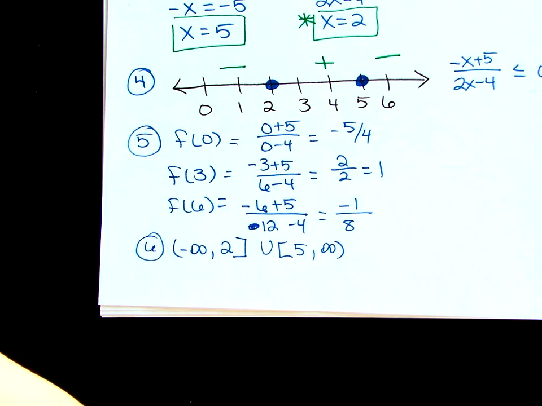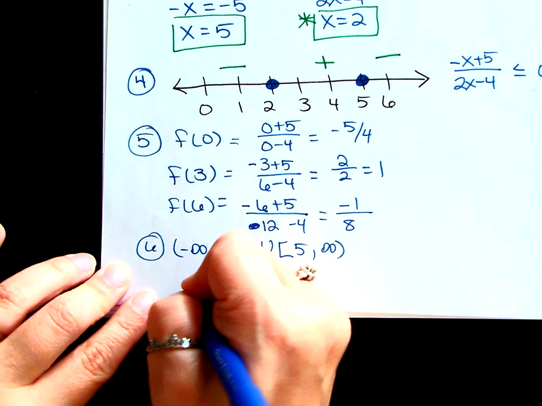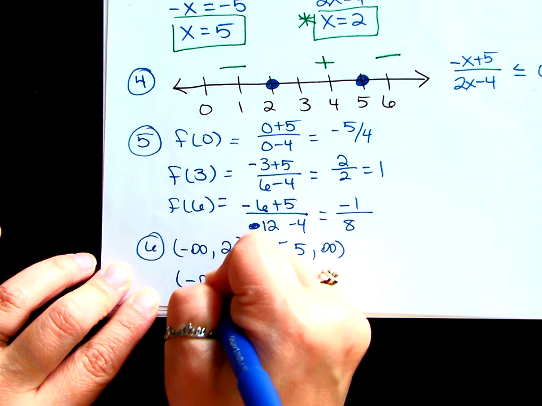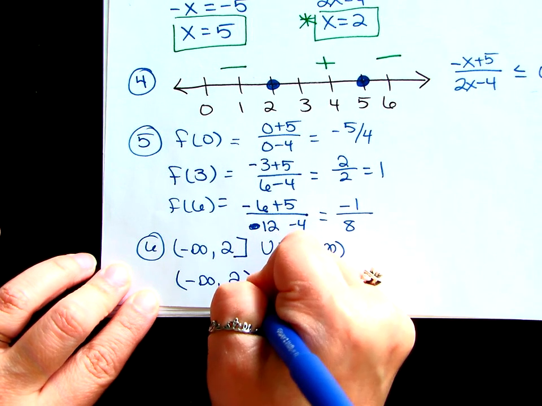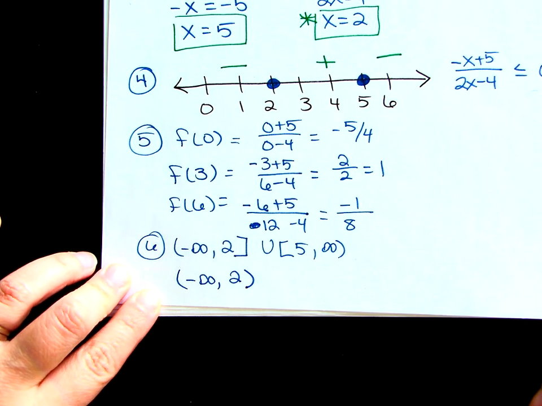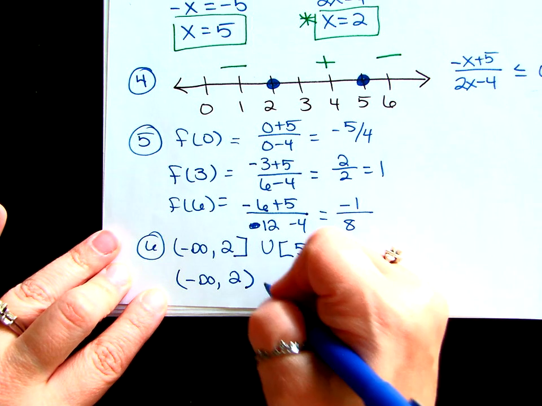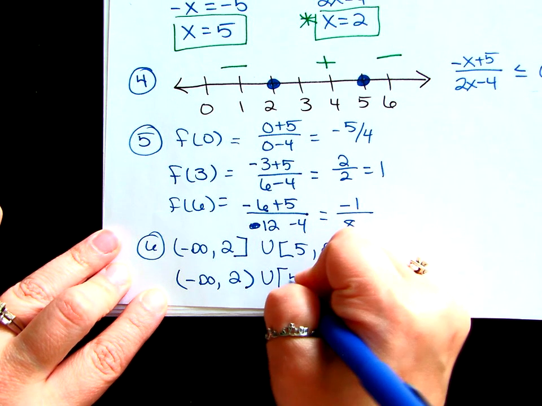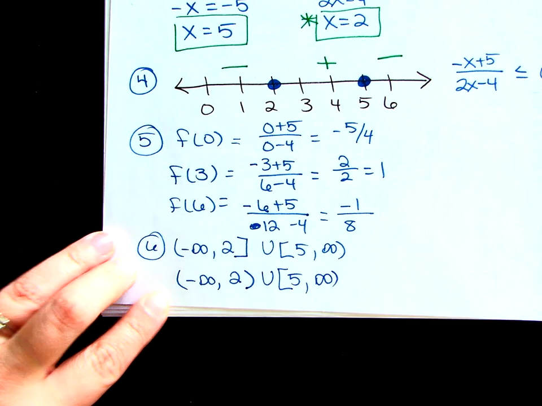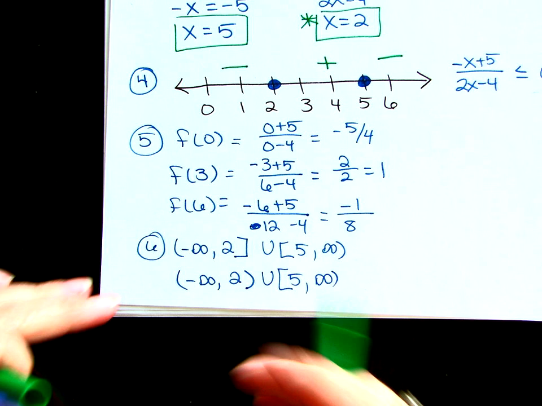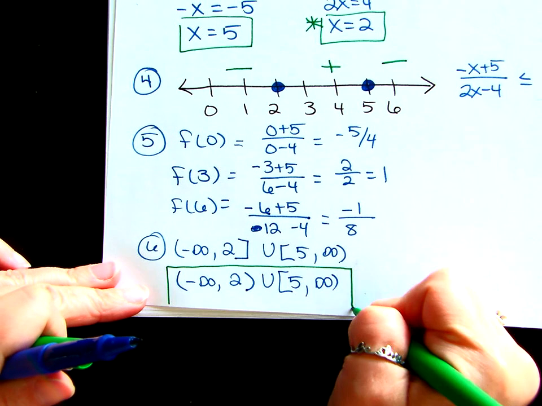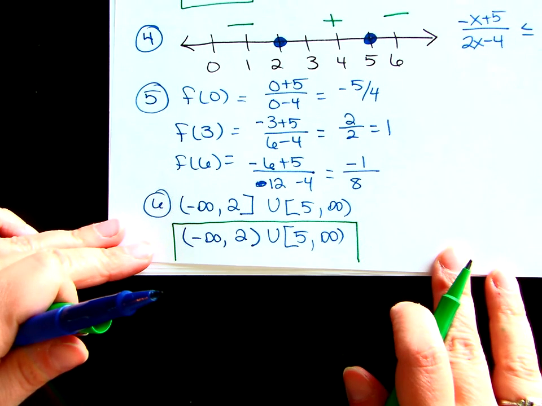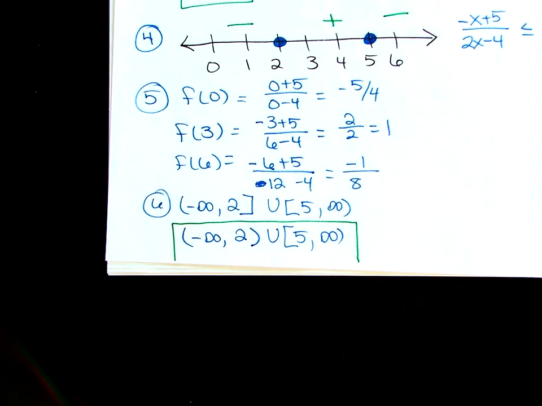Because if we include 2, then we get 0 in the denominator and it causes a problem. So our actual solution interval will go from negative infinity to 2, but we're not going to include it. Because if we include it, we have a problem. Union 5 to infinity. So we had to take it out so that we didn't have any further issues with our function.